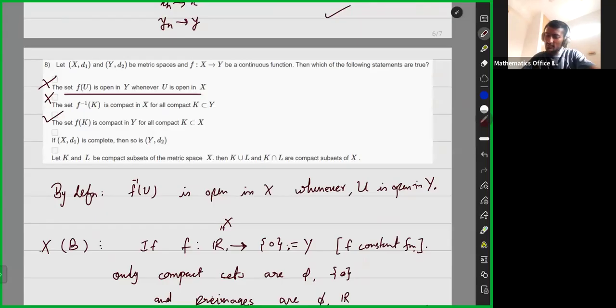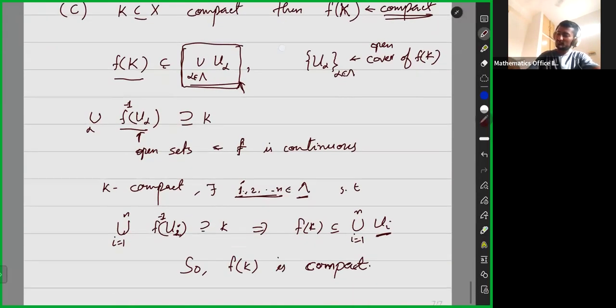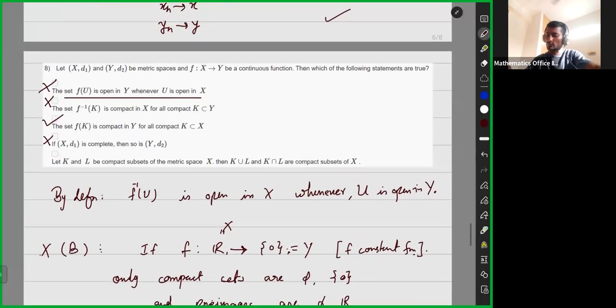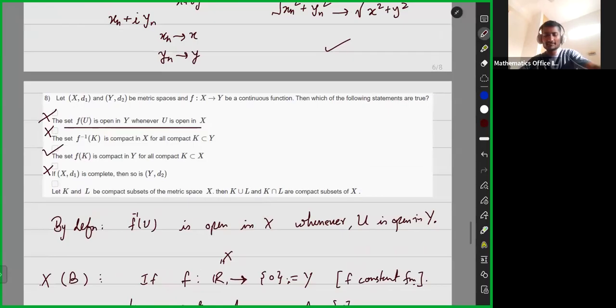If X is complete, so is Y. If (X, d1) is complete, so is (Y, d2). This is wrong. Why? Use some counterexample. Take some continuous function where one is complete and another is not complete.